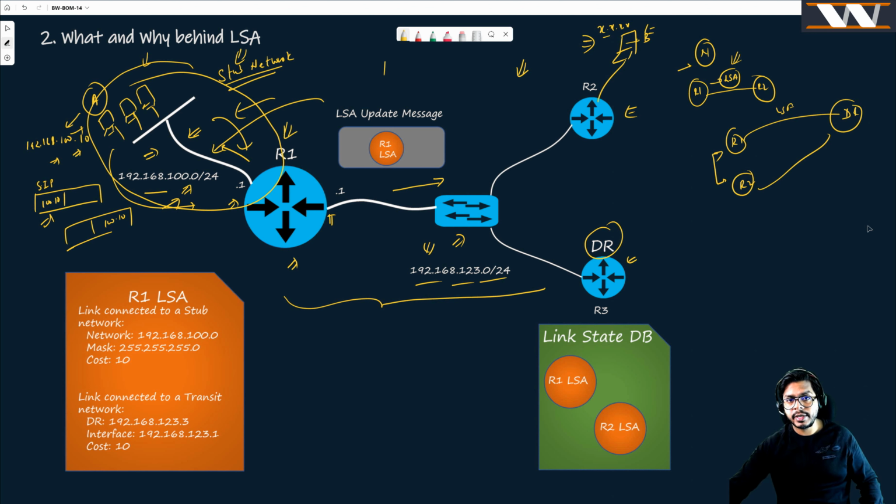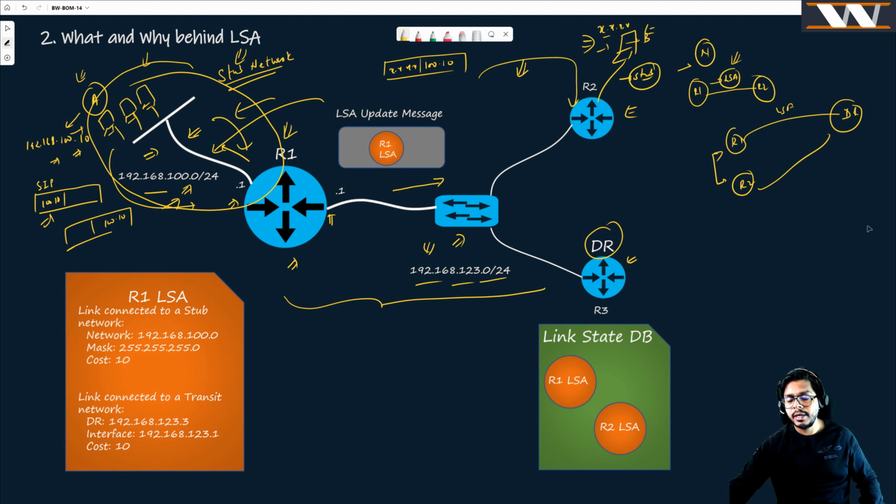Suppose a packet was generated by host x.x.x.x, and the destination was 100.10 somewhere here, host A, this one, right? This packet, maybe it was generated by this host, is going to reach R2, right? So this is the stub network from which it got generated.